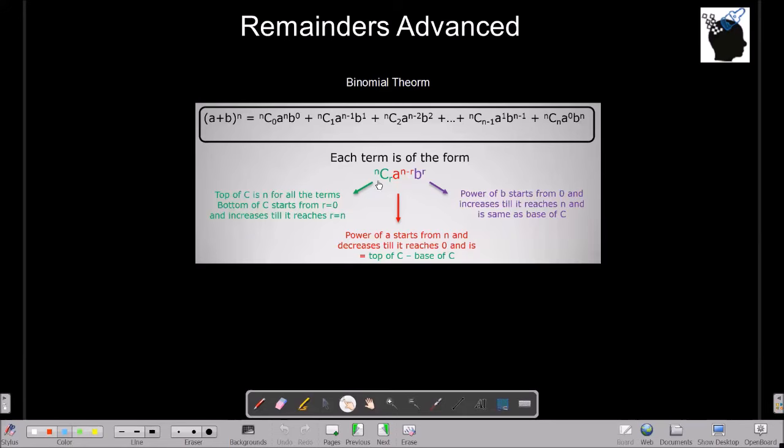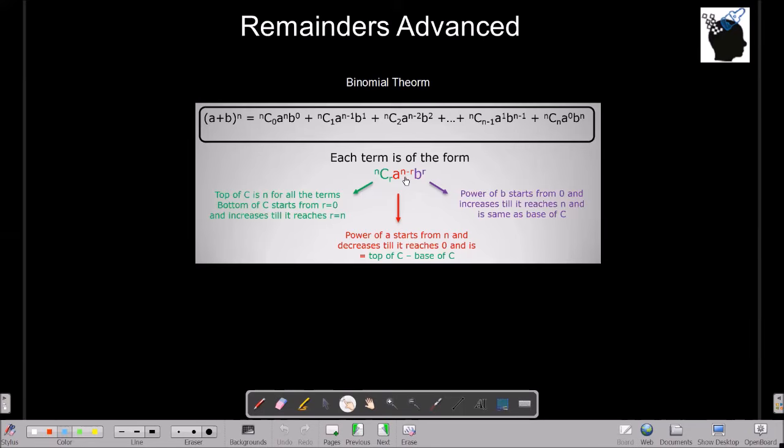The first component is a combination component, the second one is a power of a, and the third one is a power of b. The top of the combination will always have n, and the bottom of the combination will start with a value of r equal to 0 and will go on till r reaches n.